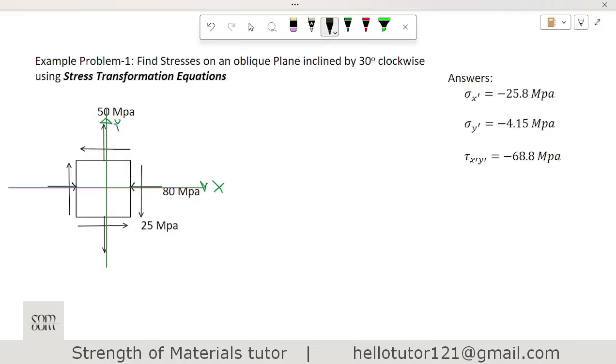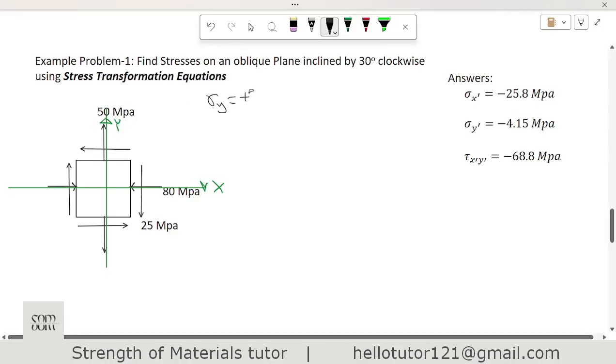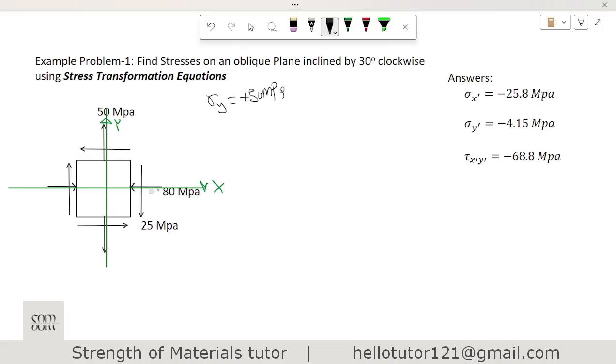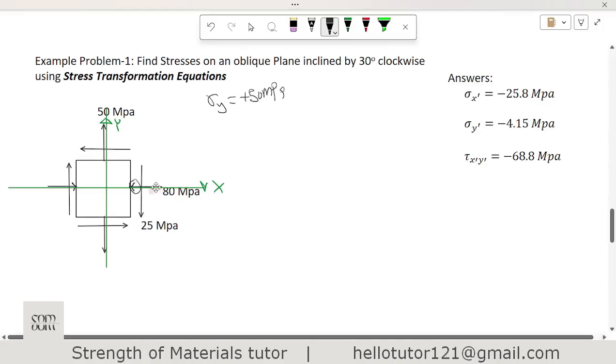The arrow is in the same direction, right? So it is positive. So sigma y is 50 megapascal. Then this 80 megapascal is parallel to the x-axis, and the arrow is towards the left, so it is negative. I will write sigma x first, because in the equations sigma x comes first, then sigma y. So sigma x is minus 80 megapascal.